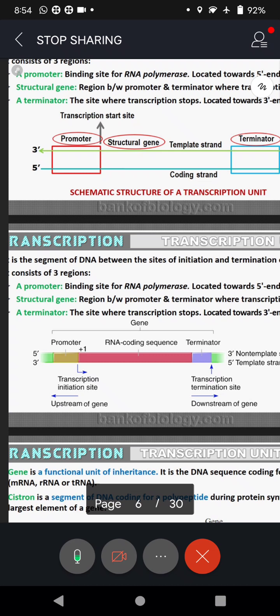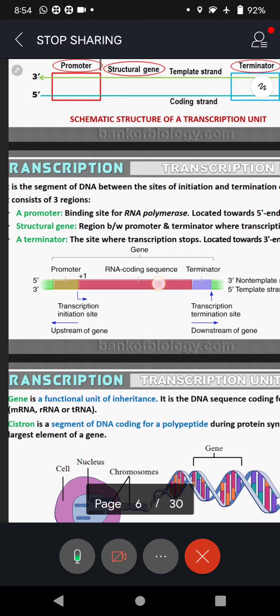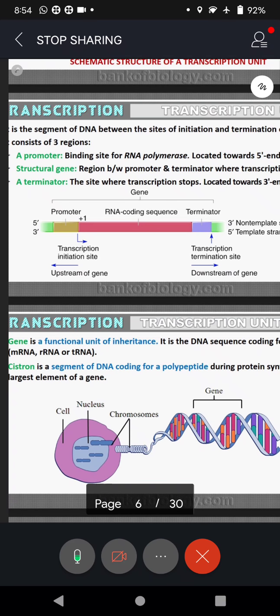The promoter region is the site that initiates transcription, and the terminator region is the site that terminates the transcription. Okay, clear? So focus on that sketch. You can see upstream and downstream of the gene. So this is how the DNA will be virtually breaking off.